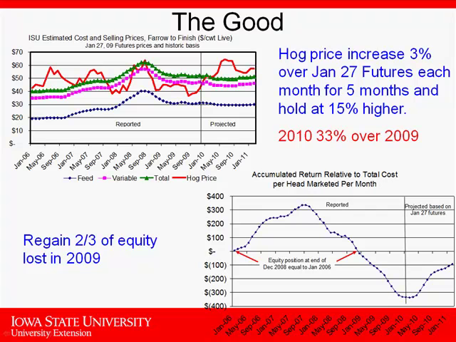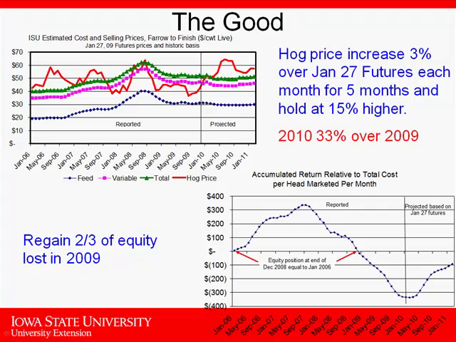What if yesterday's hog prices were wrong, and in fact, starting with February, they go up 3% from what they were yesterday. And then the next month they go up 6%, an additional 3%, an additional, for 5 months they end up going up 15% higher than yesterday, and they stay there the remainder of the year. That gets us to 2010 being 33% higher than 2009.